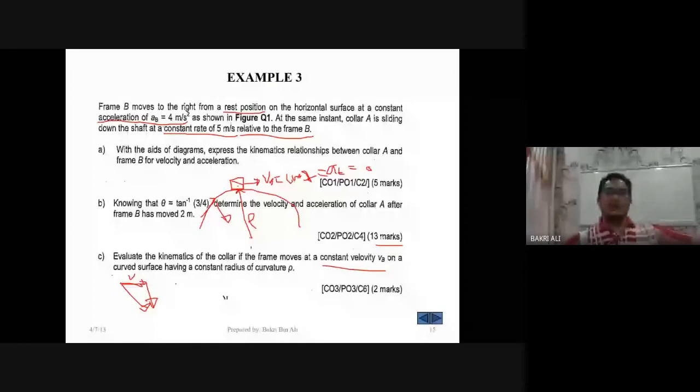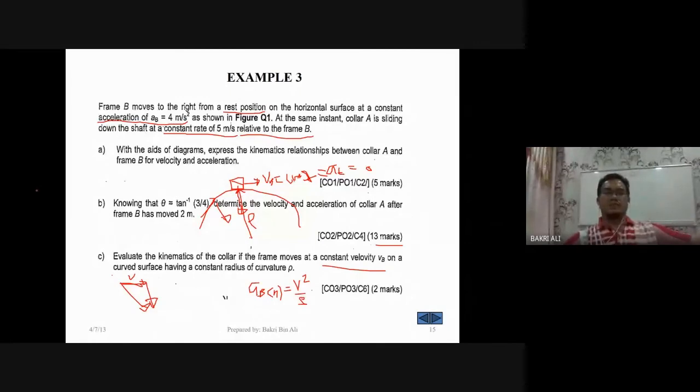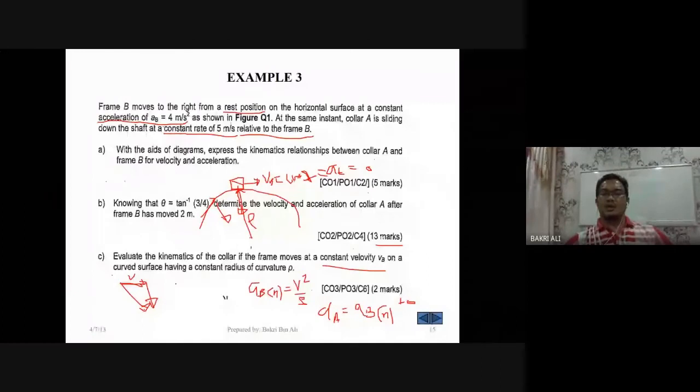The only acceleration of B is in the normal direction: ABN equal to V squared over rho. AA equal to ABN, and AA/B is zero. Okay, so that's the end of our lesson today.